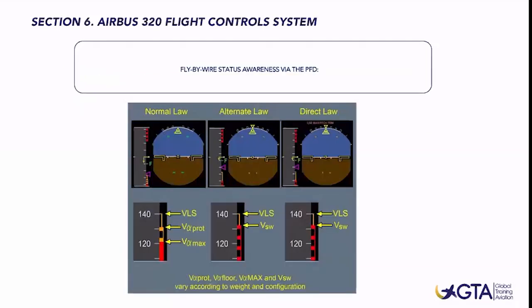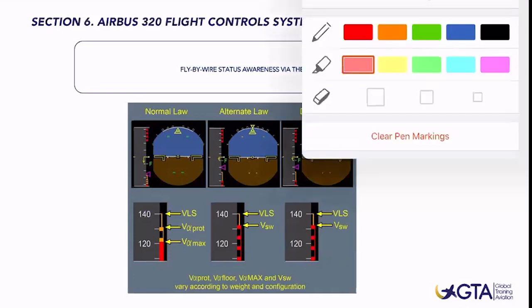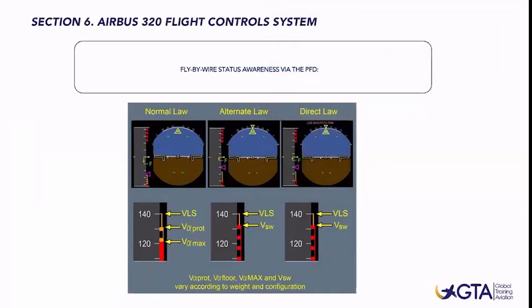Well, I like this slide since it gives a general idea about which indication we'll get in our PFD depending on the laws that we are flying in. So in normal law, we have these green dashes, which give us an indication of how much nose down, remember it's 15 degrees, and how much nose up we are limited to: 30 degrees with config 0, 1, 2, and 3, and 25 with config full.